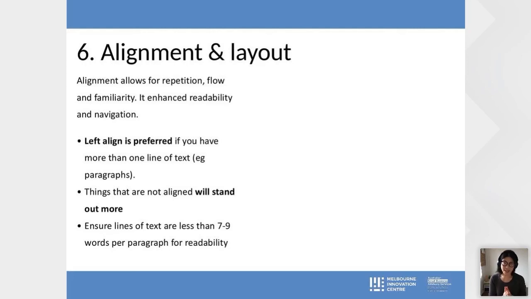Typically with this, your maximum website width should be about 1200 pixels on a desktop. So that means you'll have a lot of spacing on big screens, which is okay, but it keeps people's view centered within that space where they can easily move their eyes for readability. So that's 1200 pixels. Left alignment is preferred.